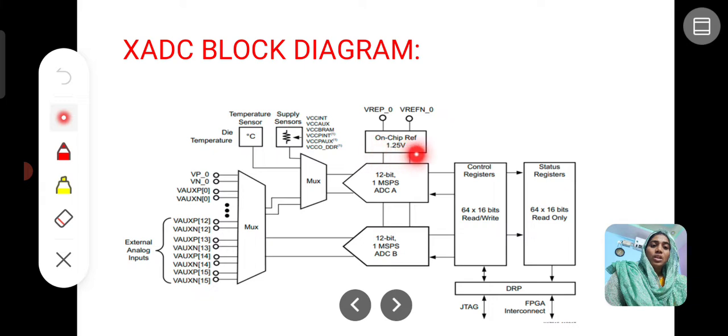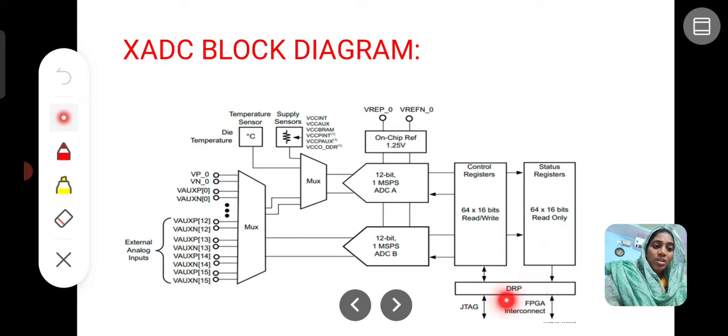These are connected to on-chip reference voltages, and the reference voltage is 1.25 volts. These are all memories, where we store data using read and write operations or read only. This is RAM and this is ROM. These two are connected to the DRP.